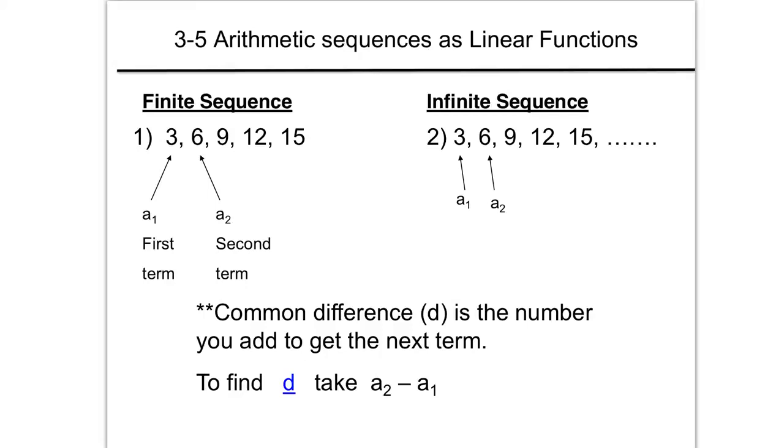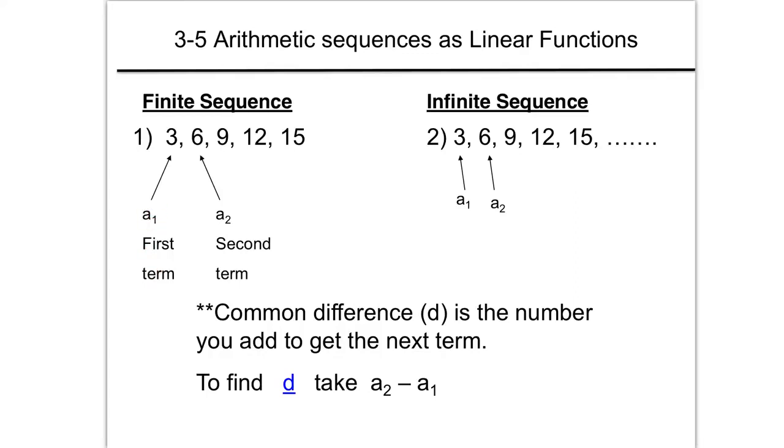That's an infinite sequence. Now, in those sequences, we have what are called terms. We have a first term, second term, third, fourth, fifth, sixth, seventh, eighth term, ninth term, and so on. You can see that I have a sub 1 here, with a little 1 under the a. It's called a sub 1. That a sub 1 means first term.